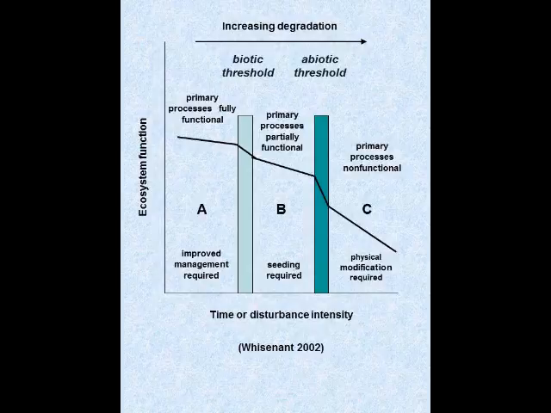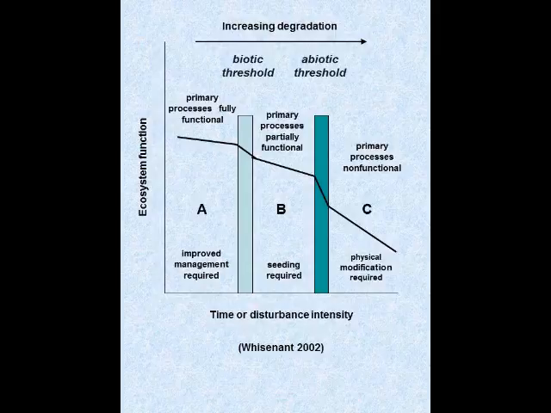Here you're going to need more concrete measures, seeding required, and of course this stage C is when we have the greatest problem, yet the greatest opportunity to resolve the problem through seeding.